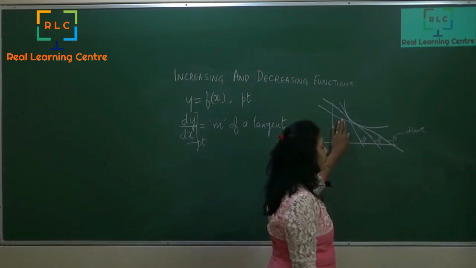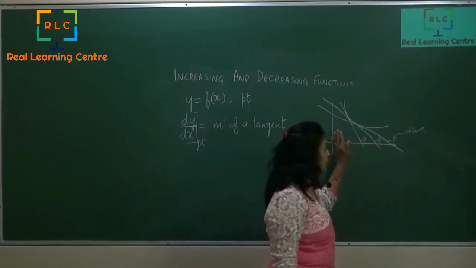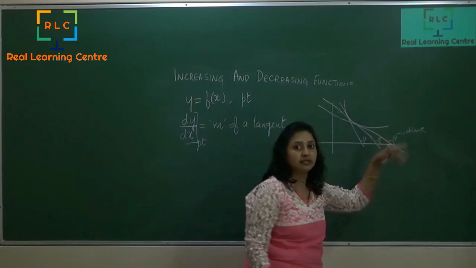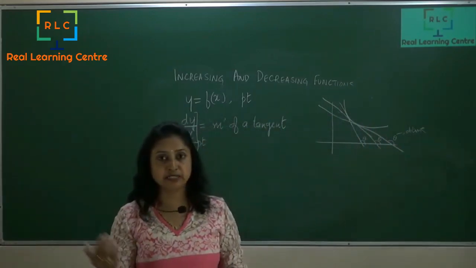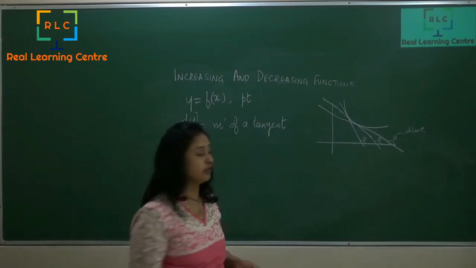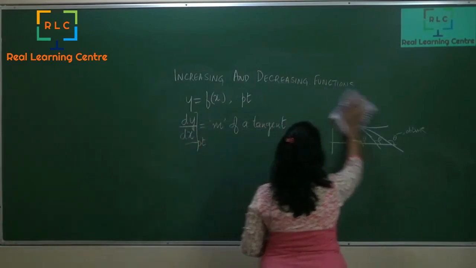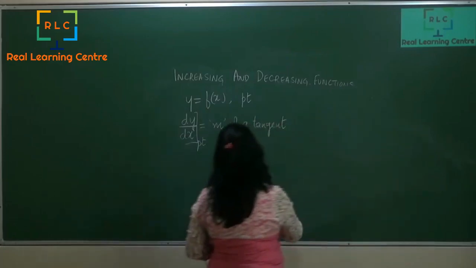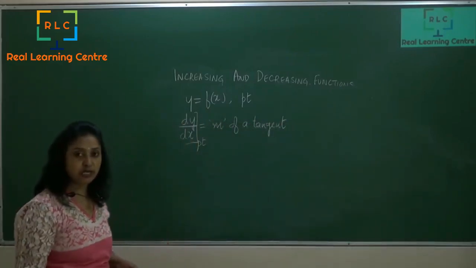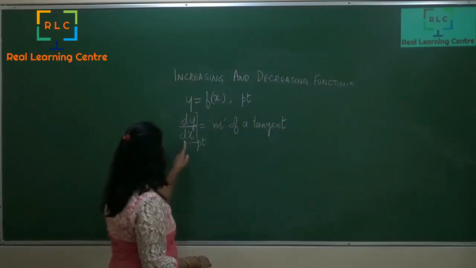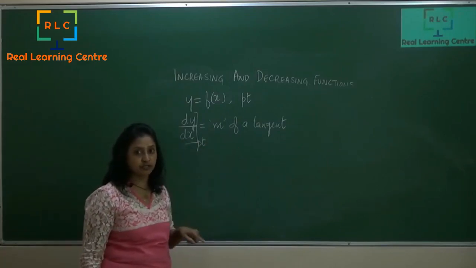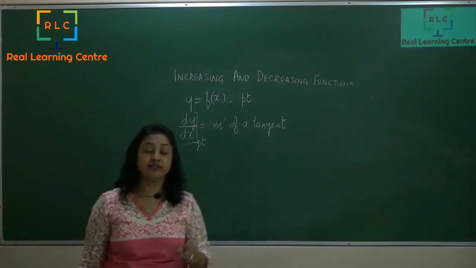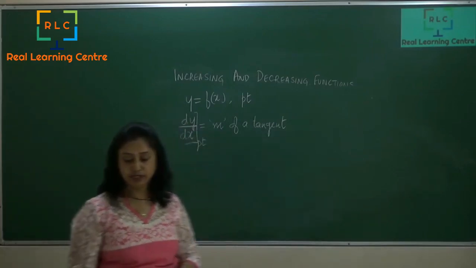If that slope of the tangent is negative, then I know the curve is slowly coming down to a lower level at every point, so it is a decreasing function. So geometrically, please understand that whenever you do dy by dx, you get the slope of the tangent. If this slope is positive, it is an increasing function, and if it is negative, it is a decreasing function.